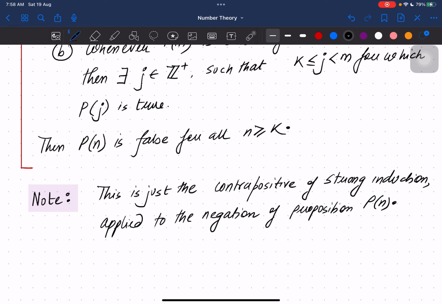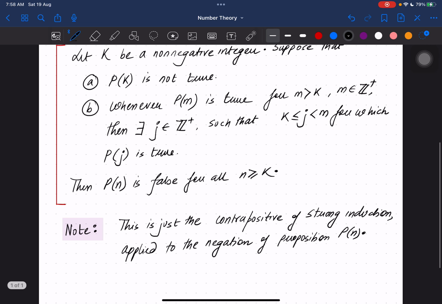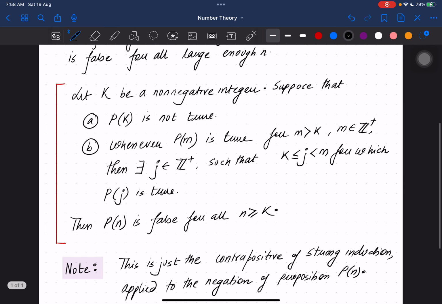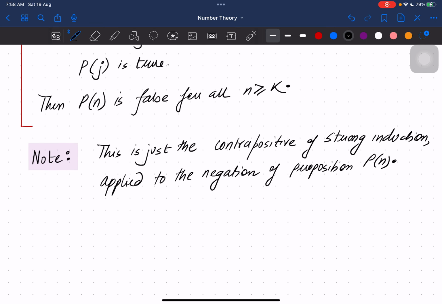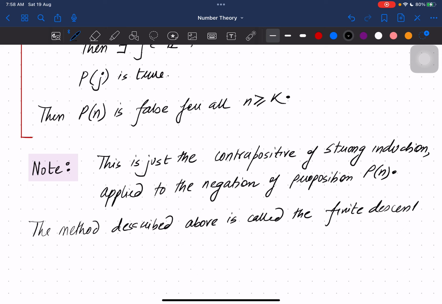This method we usually call the method of finite descent.